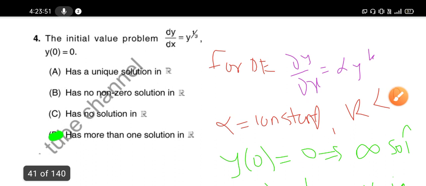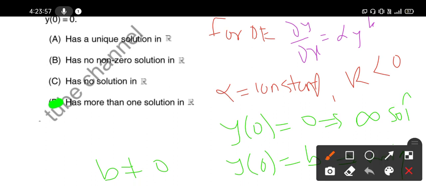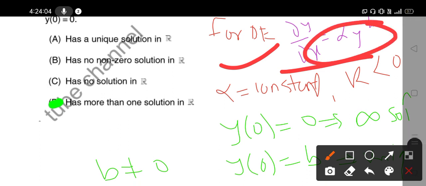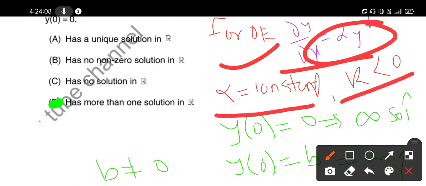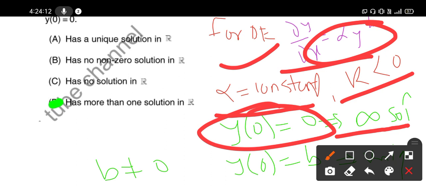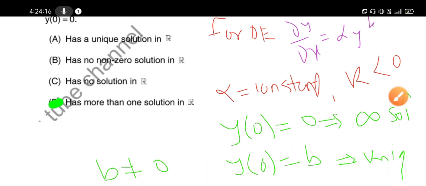The initial value problem dy by dx is equal to y raised to 1 by 3, y of 0 is equal to 0. Here is the result. For the differential equation dy by dx is equal to alpha y raised to k, where alpha is a constant and k is less than 1, if y of 0 is equal to 0 then it implies infinite solutions. If y of 0 is equal to b, where b is non-zero, then it implies a unique solution.